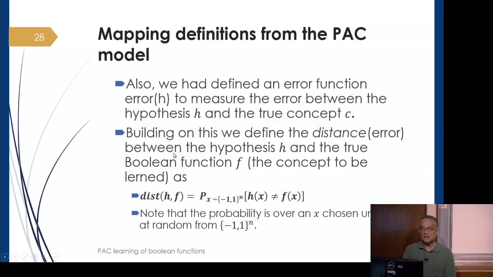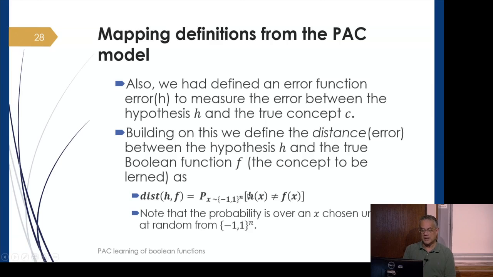So if you're given a function f, which you're trying to learn, that's our concept, and you have a hypothesis, which is another Boolean function, h, it's very similar to what we had defined before. The distance between h, the hypothesis, and f, the function we wish to learn, is the probability of h not matching f for particular inputs x when you draw them from a distribution.